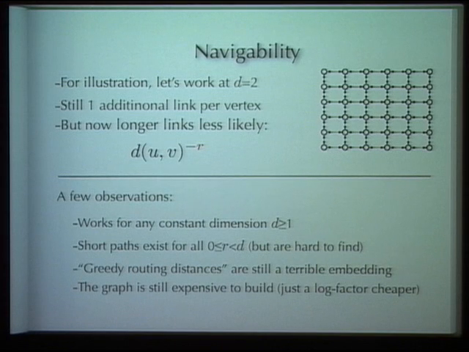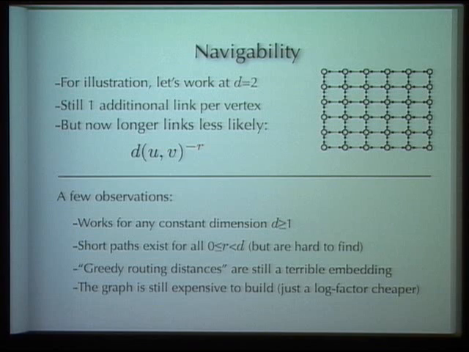A few observations about this setting. This works for any constant dimension. So it works for the cycle that I mentioned earlier. It works here for d equals 2. Observe that short paths exist for all R between 0 and d, except that unless R is equal to d, they're very hard to find. So it's not really that we have done away with the expander nature of this graph.